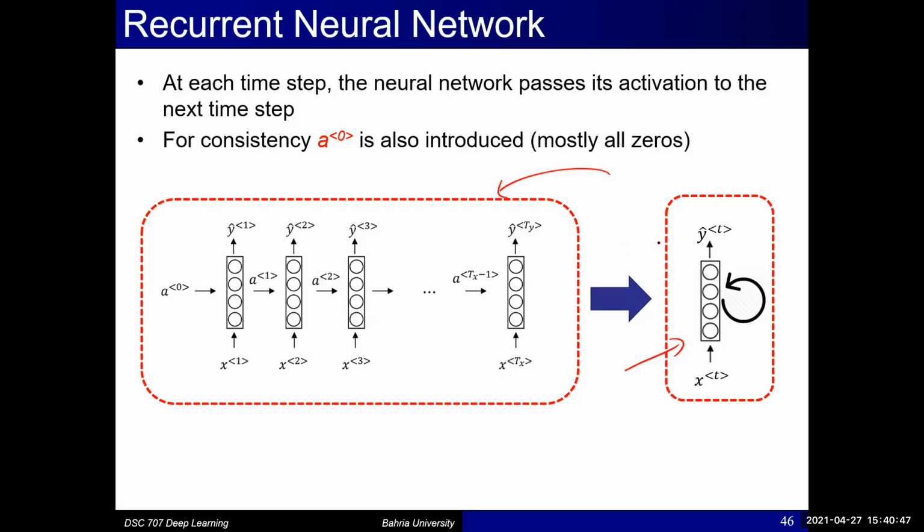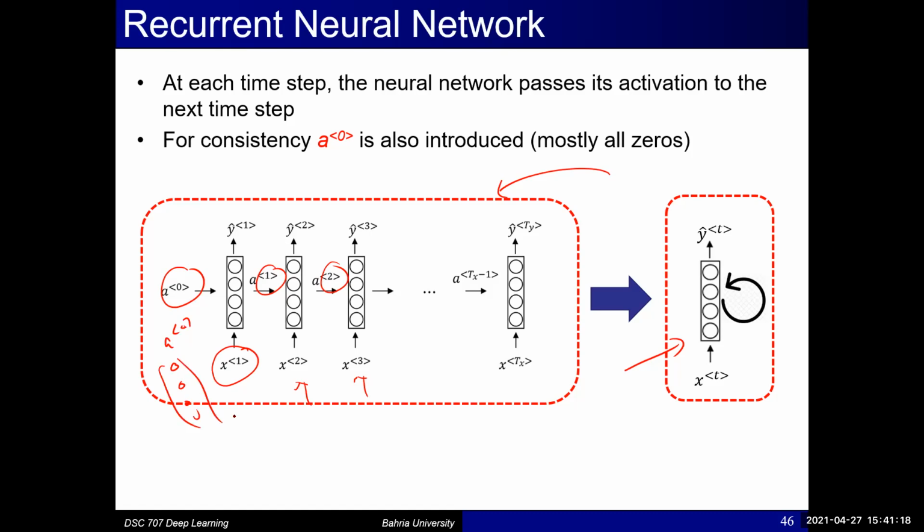Okay. Now, another minor comment is that you see all the predictions are getting something from the previous time step. But when you feed the first word, there is nothing here, because there is nothing before the first word. But in order to make our expressions consistent, we introduce a0, which is a vector of all zeros, because there is nothing coming from here.